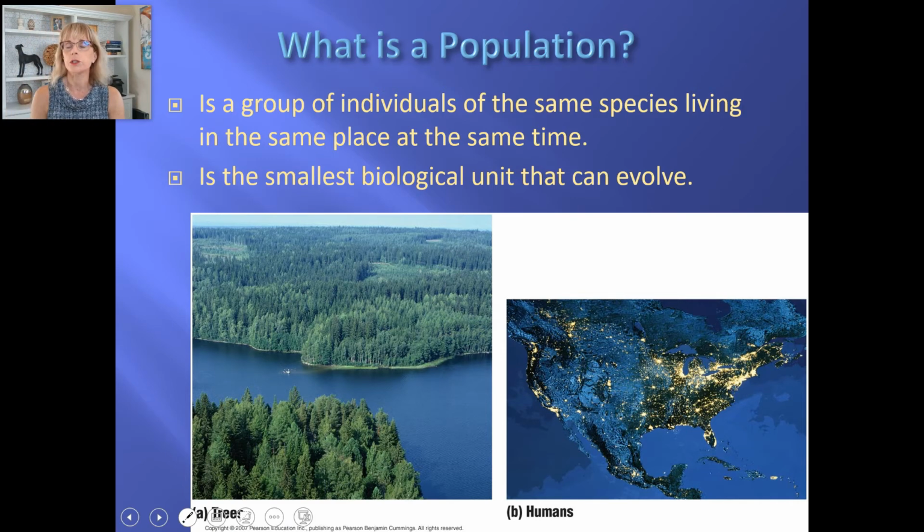And a population is the smallest biological unit that can evolve. There was a time on planet Earth where you could have considered humans to have multiple populations. And when humans had multiple populations, there was some natural selection for different physical traits.